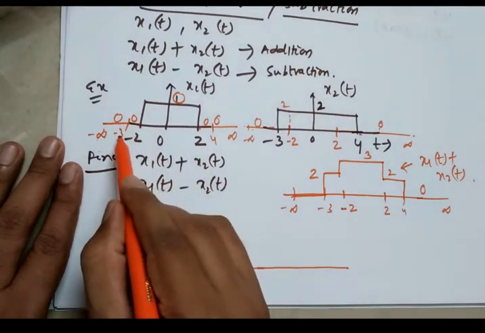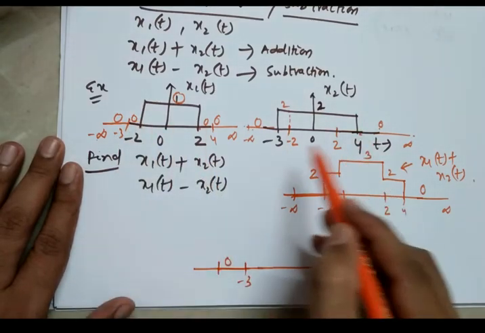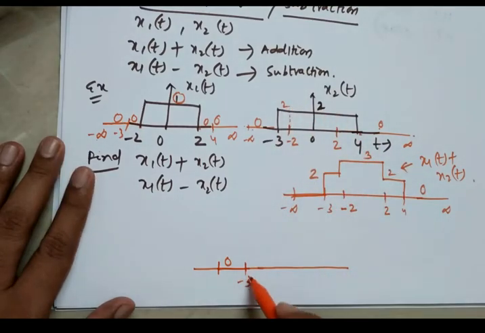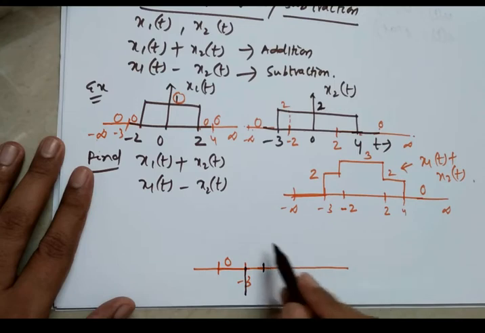Now from minus 3 to minus 2, x1(t) is 0 but x2(t) is 2, so 0 minus 2, it is minus 2.